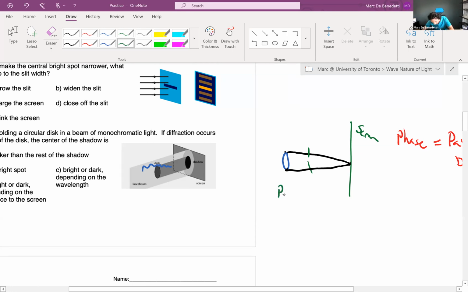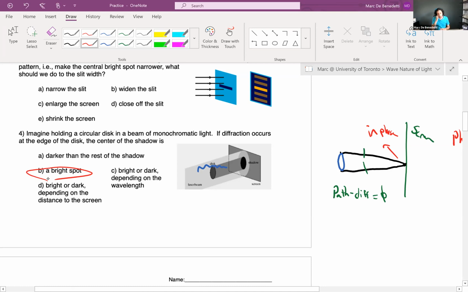So the path difference is equal to 0. The top light ray travels exactly the same distance as the bottom light ray, which means the difference of the paths is 0. So they're going to reach here in phase, and if they reach in phase, they will constructively interfere. And yes, the answer is B, they will form a bright spot.